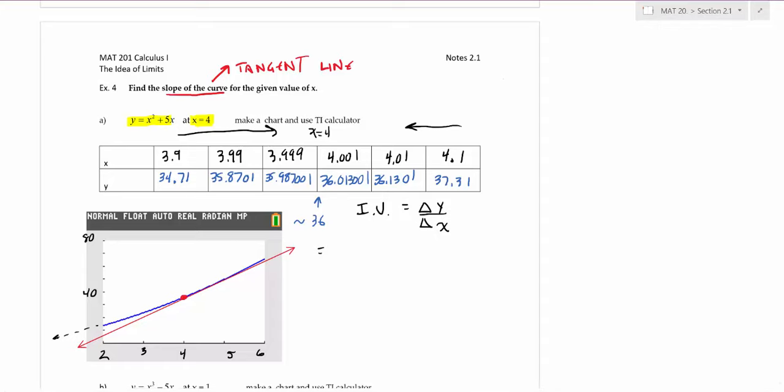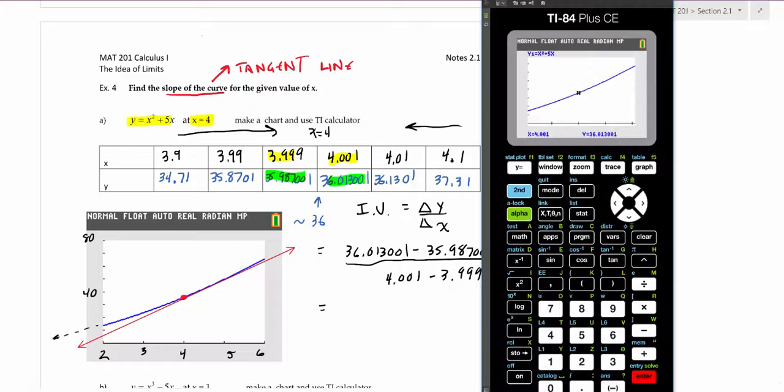We're going to use these two y values: 36.013001 minus 35.98701. Then we're going to use the x values that associate with those, so we have 4.001 minus 3.999. We'll use the calculator to crunch this out and approximate.